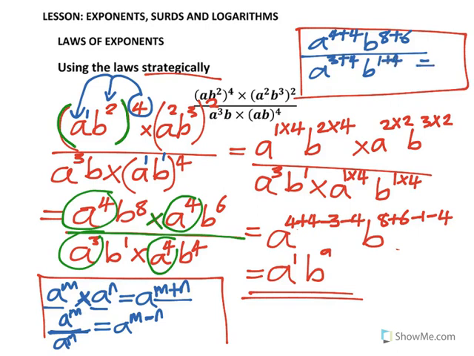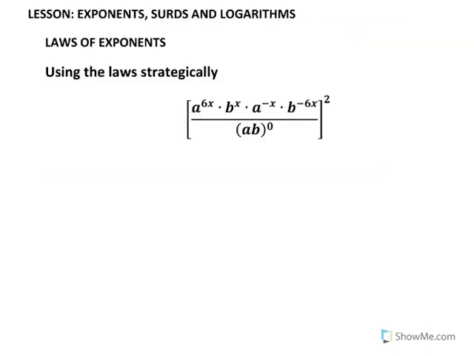I want to show you that this will be the same, because you will have a to the power 8, b to the power 14, over a to the power 7, b to the power 5. Then you take it on top: 8 minus 7, which is 1, and 14 minus 5, which is 9. It will still get you to this particular answer, but in a slightly longer route.